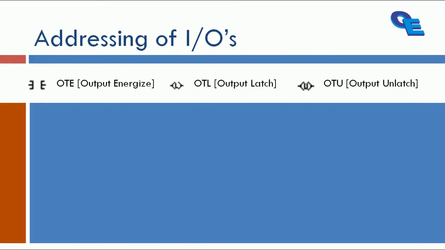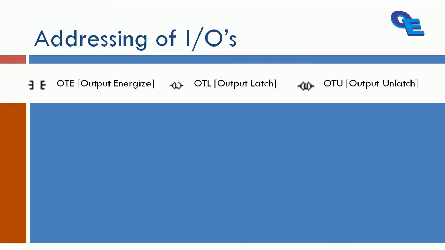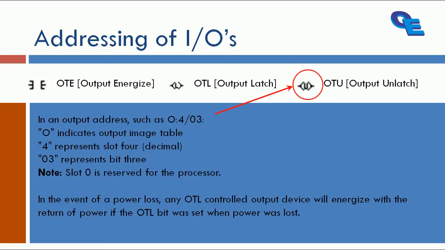Now, addressing of IOs. In an output address such as O colon 0 by 0 or O colon 4 by 03, O indicates the output image table, actually we have to take the file, but I will explain it this way.